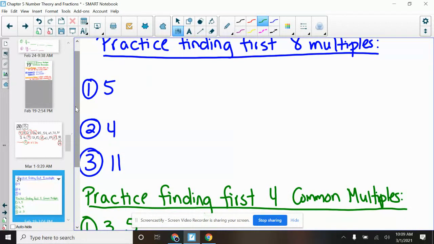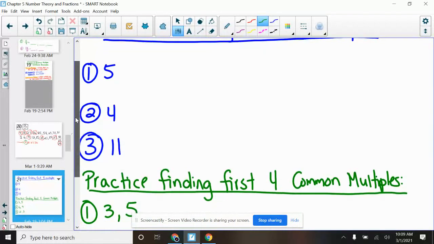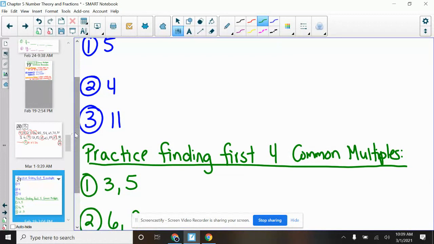Then I want you to go down to the green, so I'm going to scroll it down a little bit so that you can see the green as well. And I want you to give me the first 4 common multiples for number 1. So you're doing number 2 in blue, number 1 in green. Go.